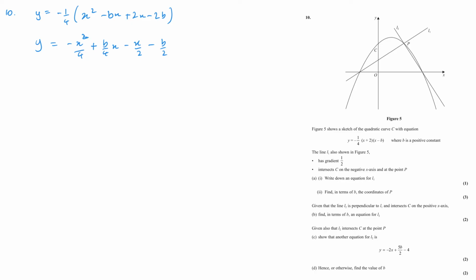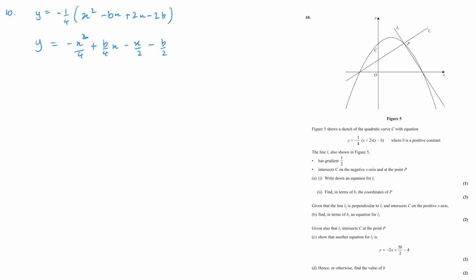Now we've got to find the line L1, which has a gradient of a half and intersects C on the negative x-axis and at the point P. So negative x-axis and the point P. Write down an equation for L1.